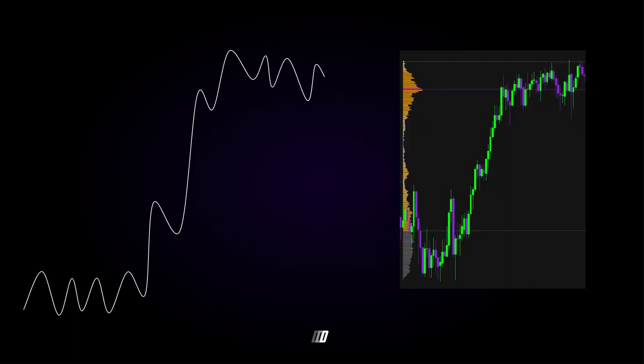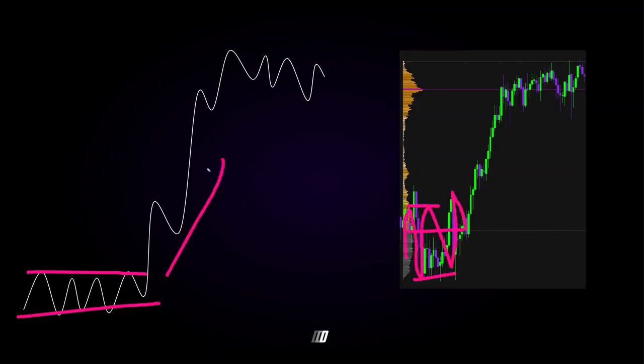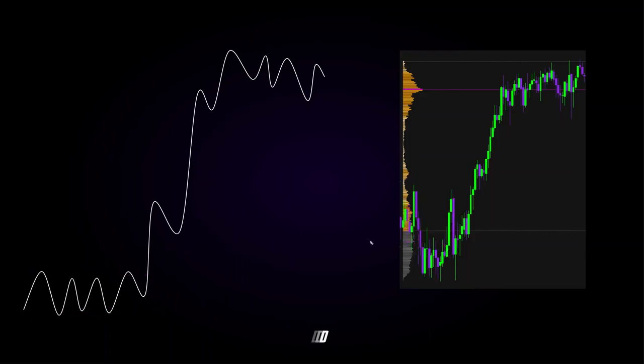Then you're going to find situations where you have the market starting from a situation of balance, okay, and then pumping up. And you'll see high volume during the breakout, maybe a pullback. That's a great idea if you want to take a breakout trade.